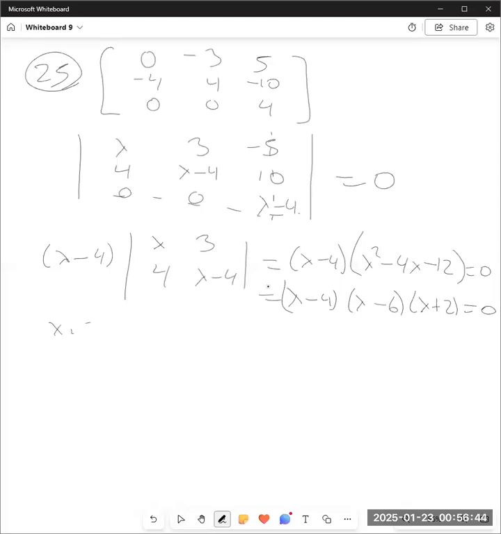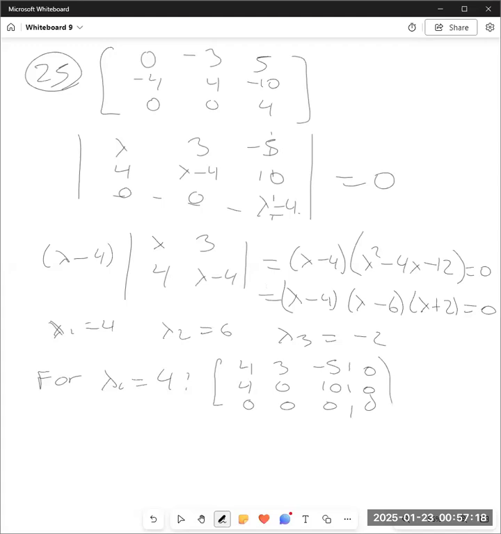So lambda 1 equals 4. Lambda 2 equals 6. Lambda 3 equals -2. For lambda 1 equals 4, I have 4, 3, -5, 4, 0, 10, 0, 0, 0, 0, 0, 0. Going to RREF that.